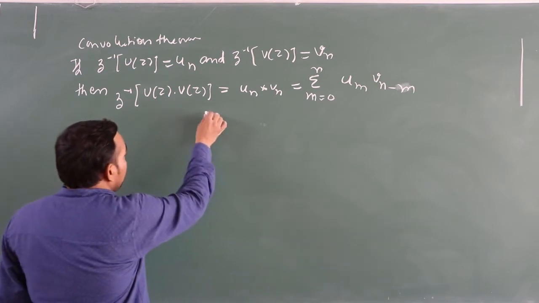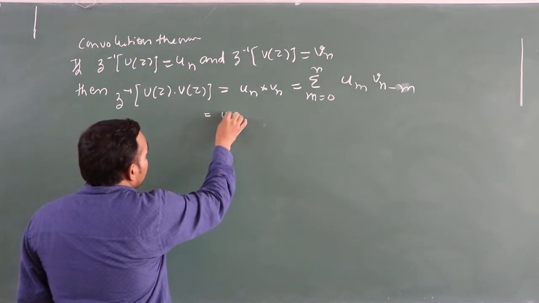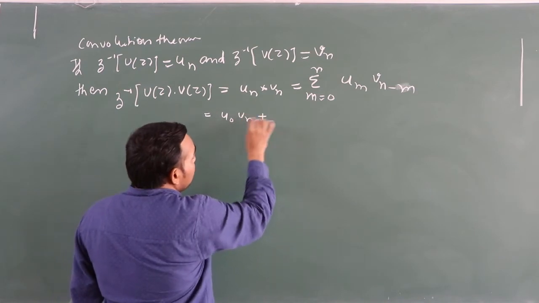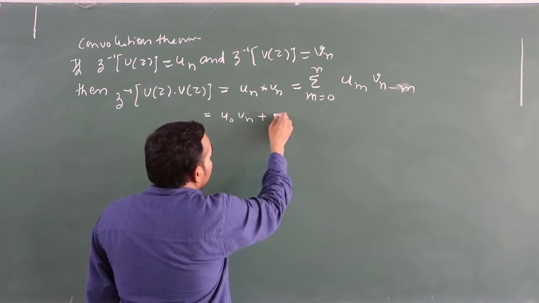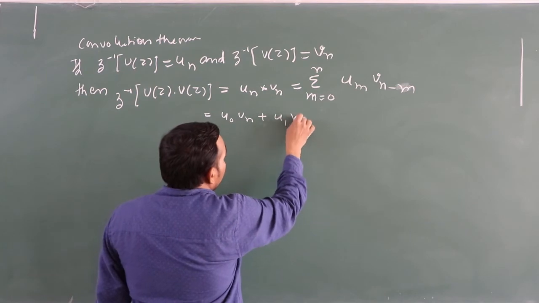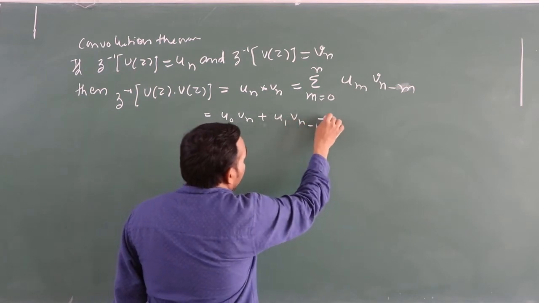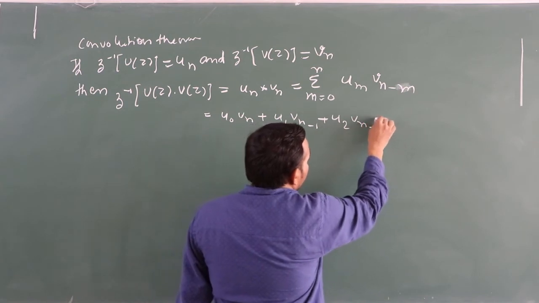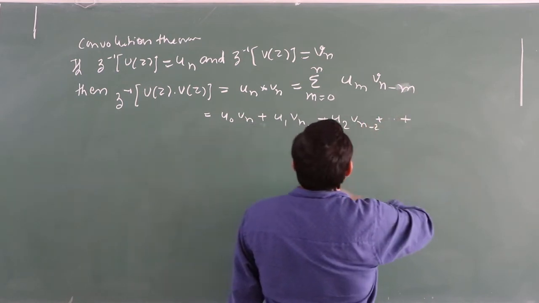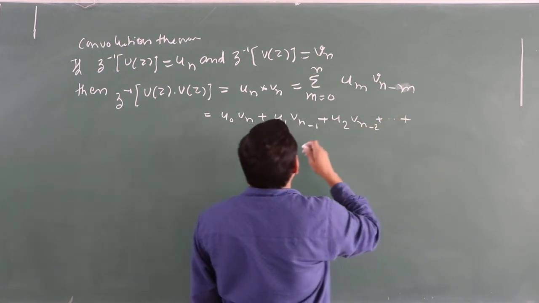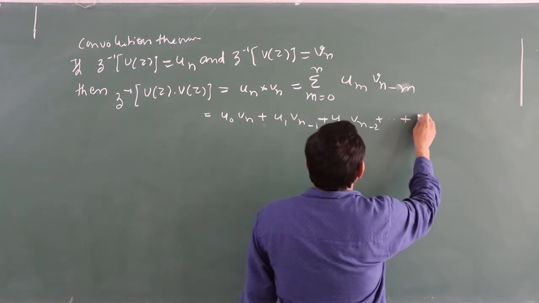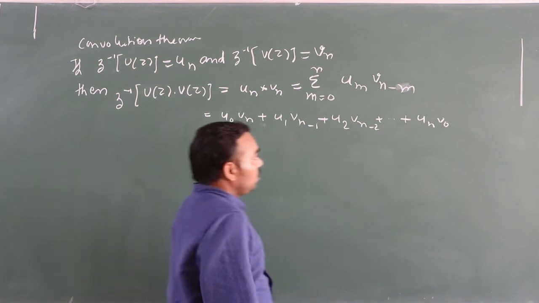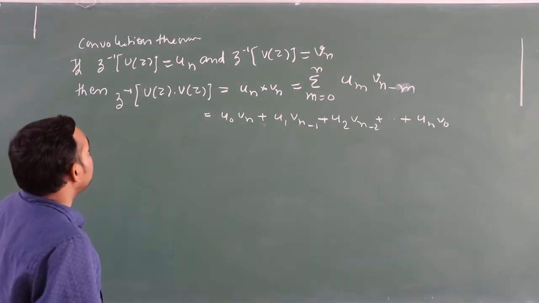Means you can simply write u0 v_n plus u1 v_(n minus 1) plus u2 v_(n minus 2) up to u_n v0. This is the theorem.